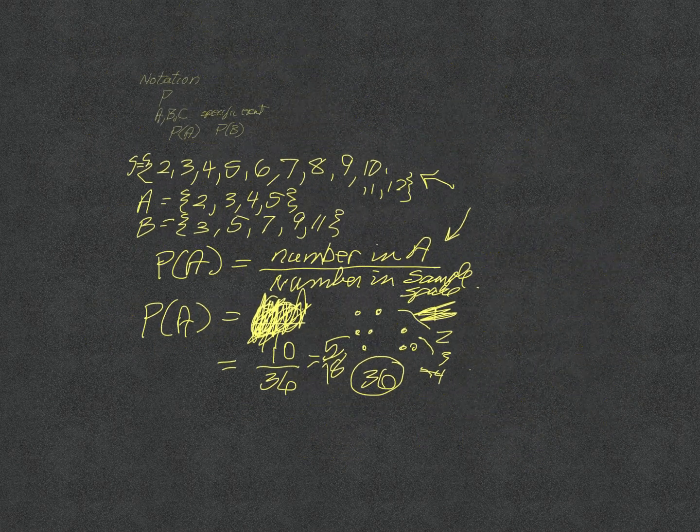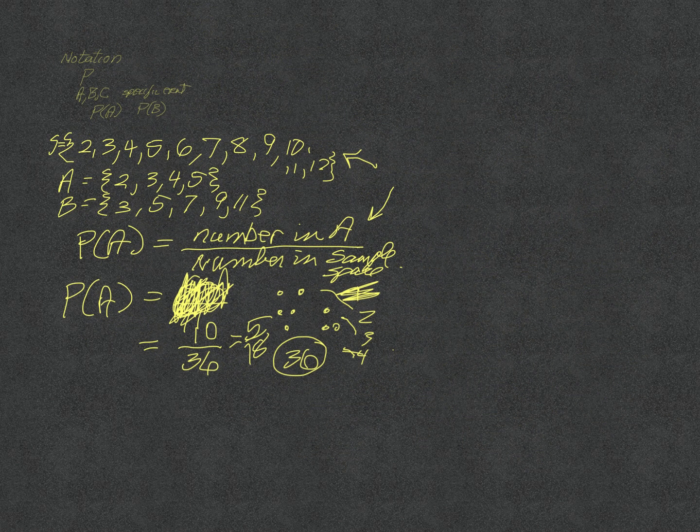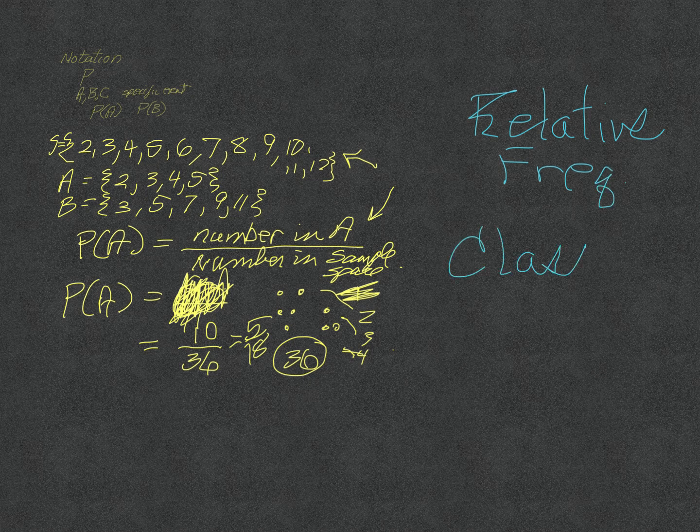I should mention your textbook talks about three approaches to probability. It talks about the relative frequency approach, relative frequency. It talks about the classical approach, and it talks about subjective. And so, what are the differences between these?